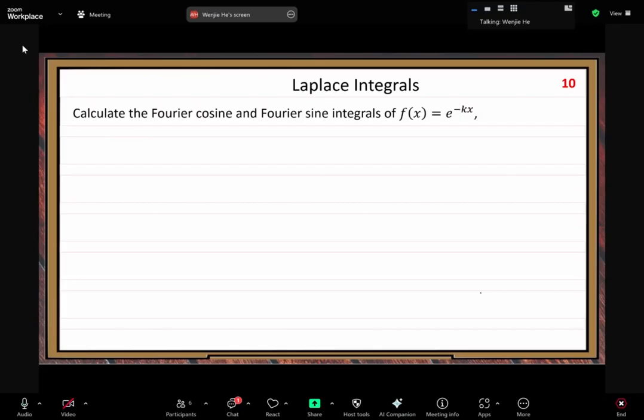Calculate the Fourier cosine and sine integrals of this function, where k is a special constant.